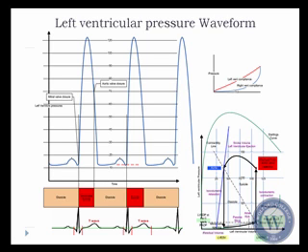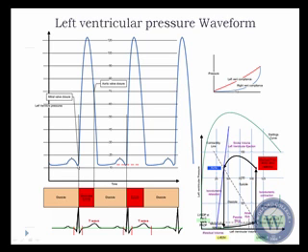The waveforms look exactly the same if you were to change the pressure heights, but the actual pressure differences are greater in the left because the left is pumping against much higher systemic vascular resistance compared to pulmonary vascular resistance. But the actual displacement of volume has to be the same between the left and right ventricle to maintain that balance that you need in life.